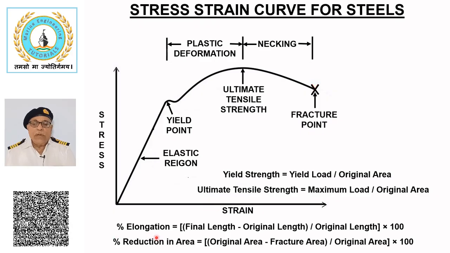Percentage elongation is equal to final length minus original length divided by original length into 100. Similarly, percentage reduction in area is equal to original area minus fracture area divided by original area into 100.